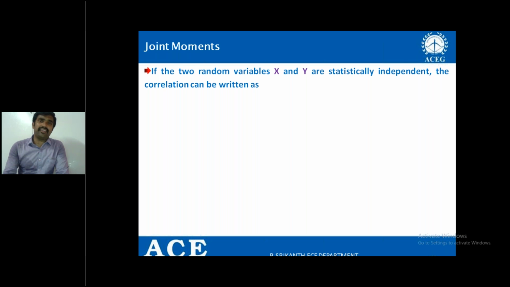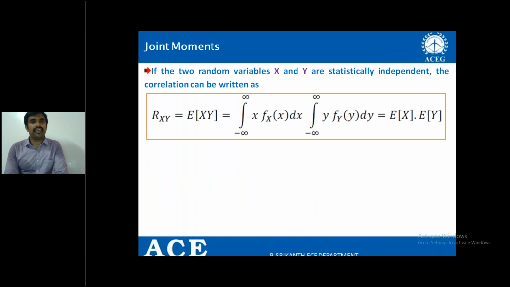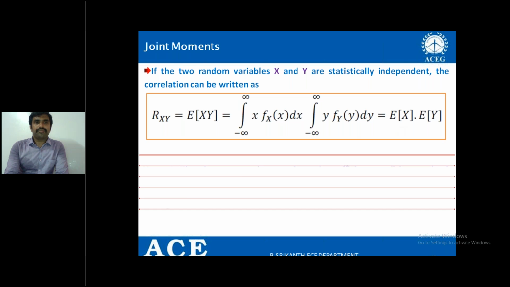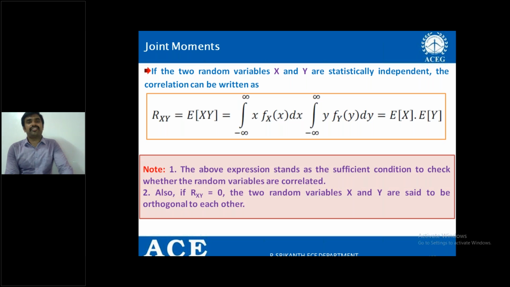With respect to expectation, E of xy equals E of x into E of y, because the joint density function fxy of x comma y becomes fx of x into fy of y. Next, the above expression stands as the sufficient condition to check whether the random variables are correlated or not.